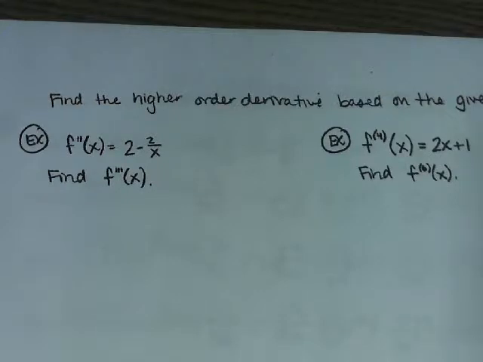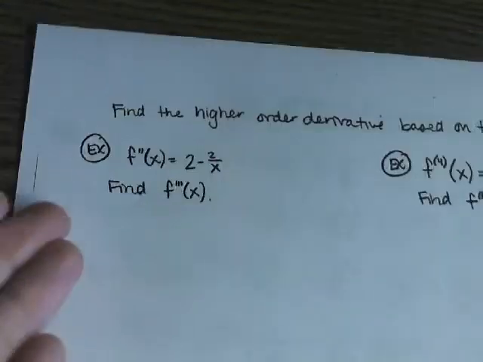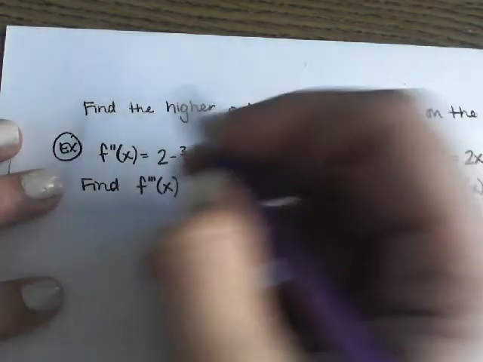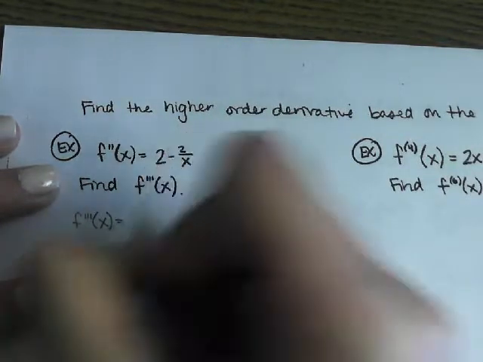All right, so this is what I was talking about earlier. They ask us for the third derivative, but they're giving you the second. So all you have to do is find the derivative of your second. Your derivative of 2 is 0, so I don't need that.